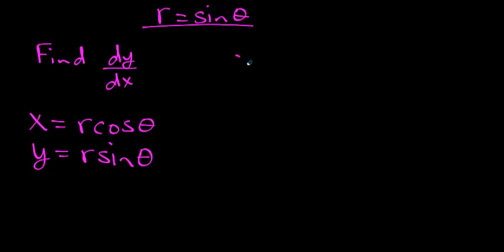We're going to say, okay, x is equal to r cosine theta. Well, this is sine theta cosine theta. See? Because this right here is r. Right? x is equal to r cosine theta.